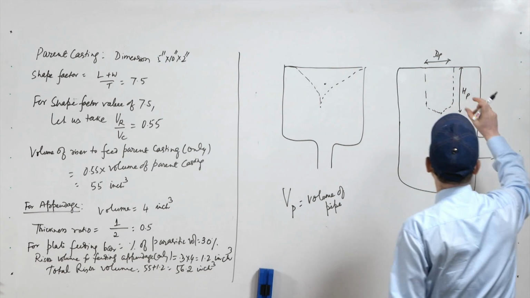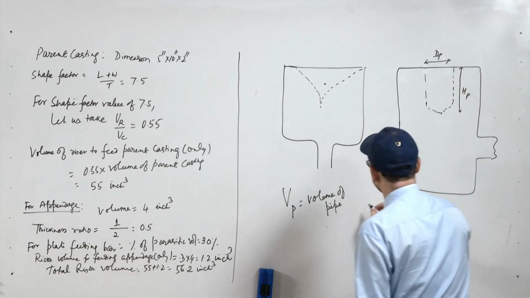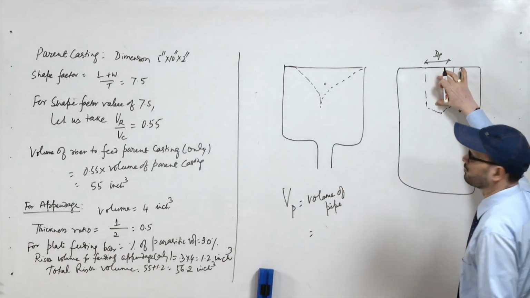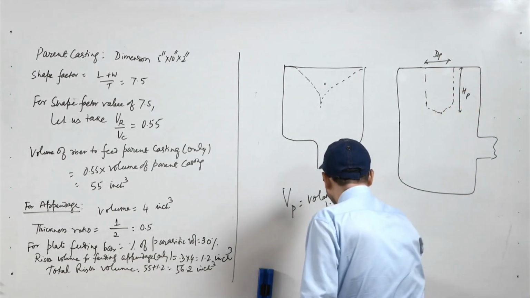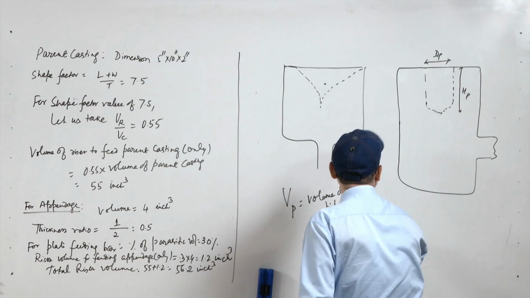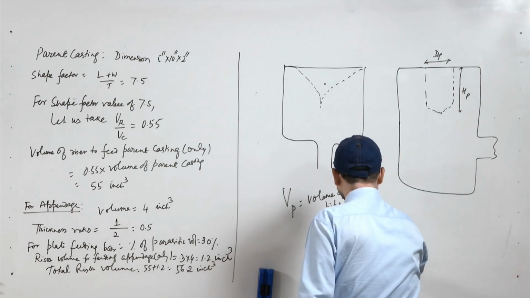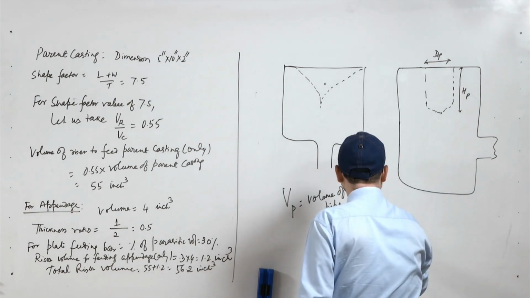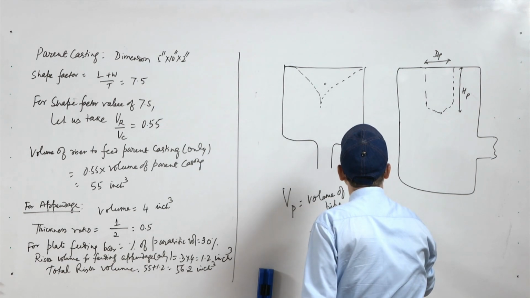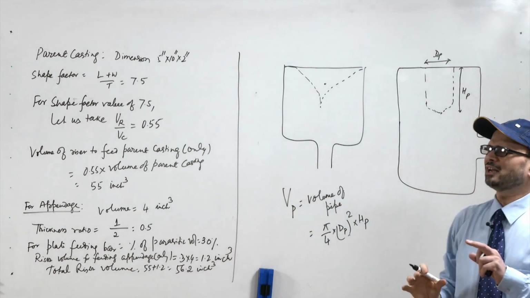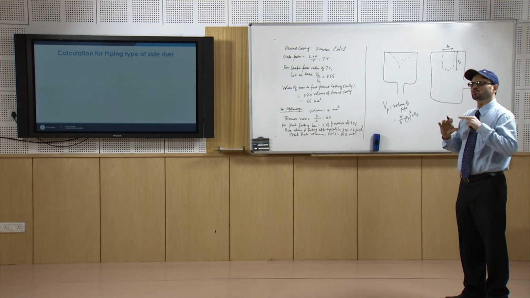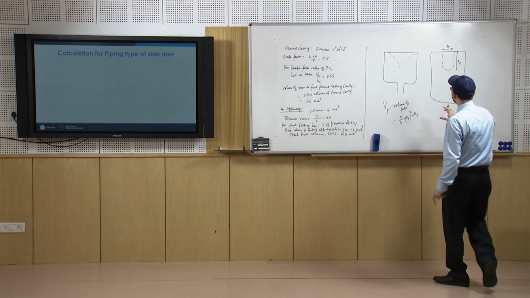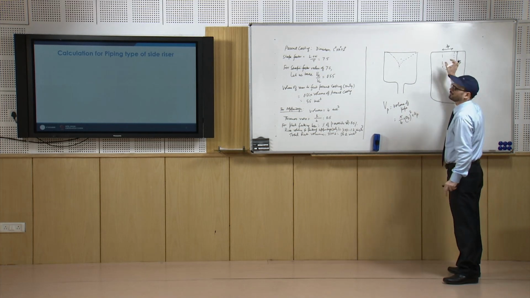This volume will be nothing but the volume of this particular cavity, that is pi by 4 into dP square into Hp. The Hp to dP ratio is normally taken as close to 2.5 or so. Based on that you have this dimension.